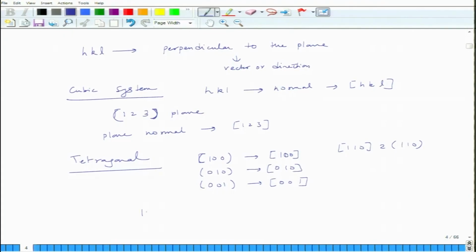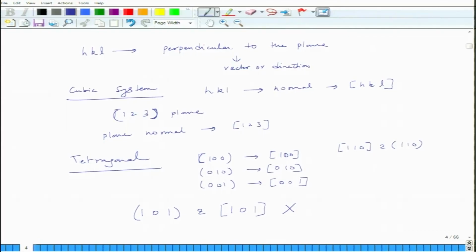but 1 0 1 and 1 1 0, they are not fine. Even 1 0 1 is not.